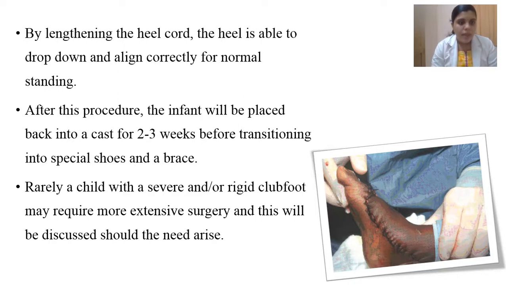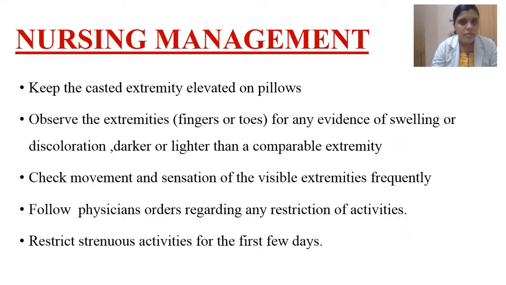Rarely, some children need more surgical manipulation and correction, based on the need. They will see whether the surgery is successful, and if the child again develops clubfoot symptoms, the surgeon will plan for surgery according to the child's need.